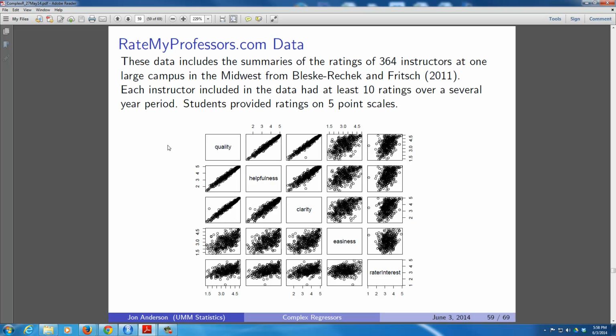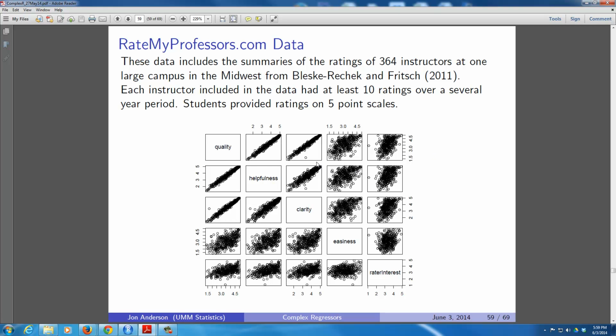Another thing that can happen in real data is we have collinearity, or we have lots of predictors that are all basically measuring the same thing. Here's a data example from ratemyprofessor.com, and we have 5 variables that students have evaluated their professors: overall quality, helpfulness, clarity, easiness, and how interesting the person was in the course or in the instructor.